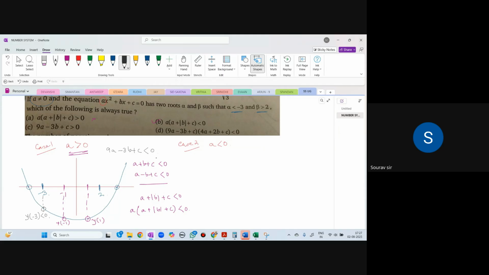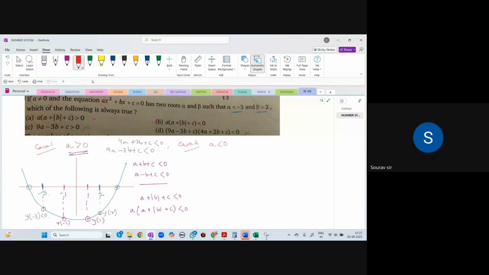This is given as positive, so not correct. And 4a plus 2b plus c refers to the value y of 2, which is negative again. So the product of these two has to be positive. So this is wrong. Only option B is correct as per a greater than 0.